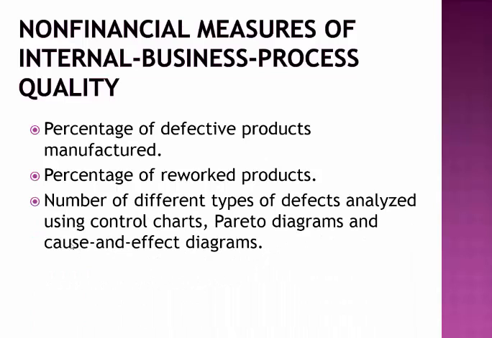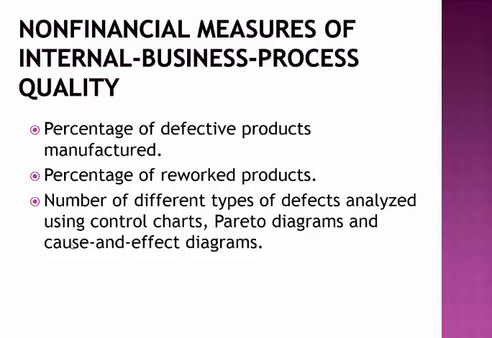Number of different types of defects analyzed using control charts. If we keep having to add bars to our Pareto diagram, we've got some issues. If we keep having to make more cause and effect or fishbone charts, we have some issues. Why do we have more issues? We need to pay special attention to those things. Right?